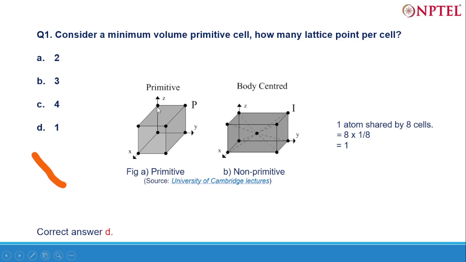How much portion of this atom is in this cell? 1 by 8 portion is there in this cell. There are 8 corners, 1, 2, 3, 4, 5, 6, 7, 8. So 8 into 1 by 8 atoms are there in this cell. So how many lattice points per cell? 1. So the correct answer is D.